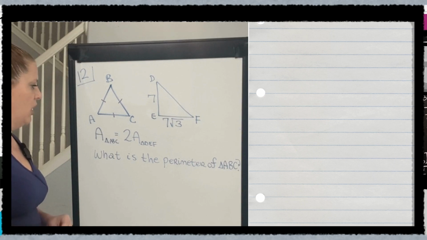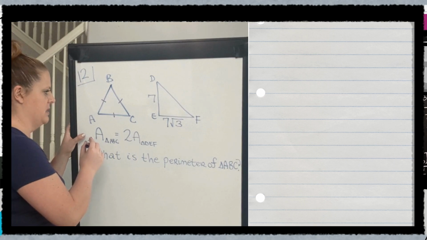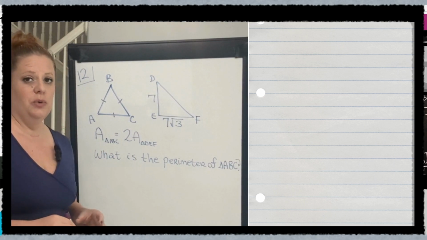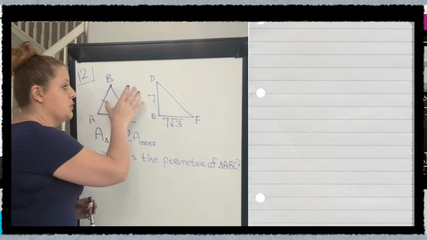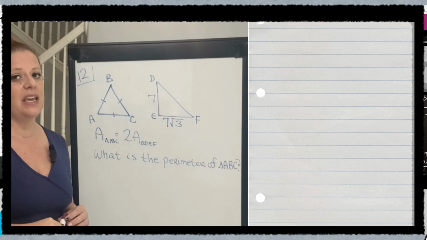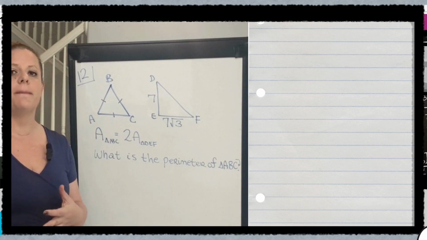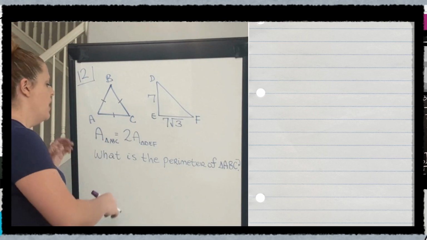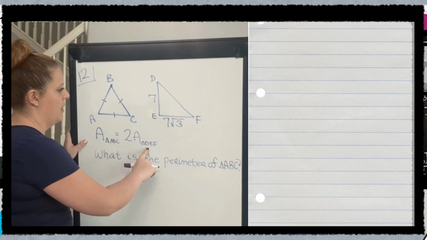Well, we're going to start by using this first clue they gave us. Now, I do want to note clearly when we look at this, ABC does not look twice as big as DEF. These images are not to scale, so you cannot rely on just looking at them. You actually have to go through the math to figure things out. So our area of ABC is twice this area.